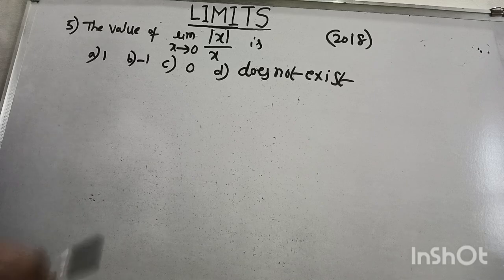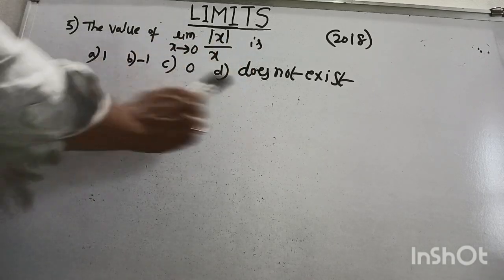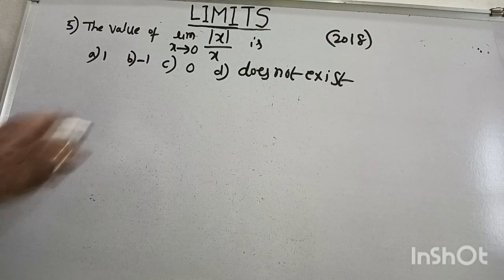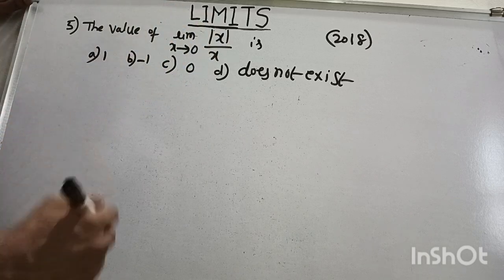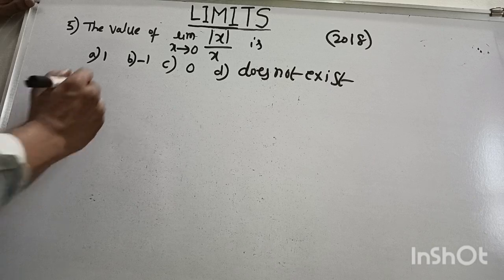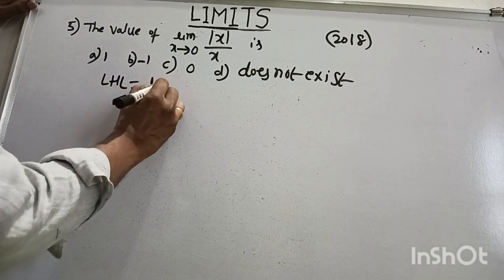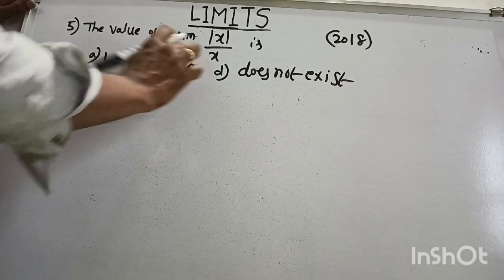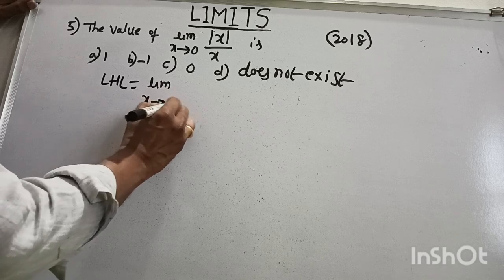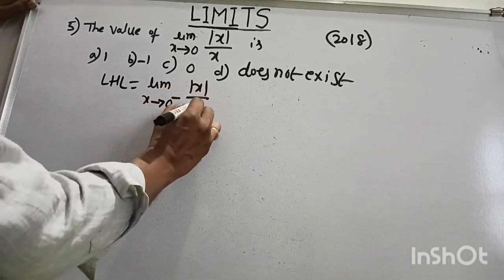The value of limit x tends to 0 mod x by x is. These are the options asked in KCET 2018. So here find the left hand limit and right hand limit and verify whether they are equal or not. For the left hand limit, x tends to 0 minus, so mod x divided by x.